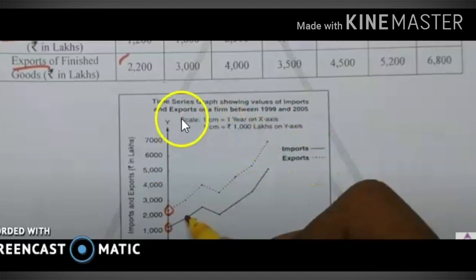By plotting the same data, you will be getting the two variable time series graph.